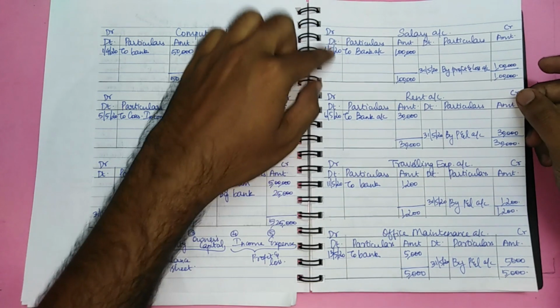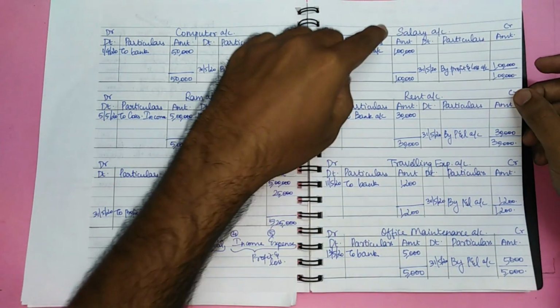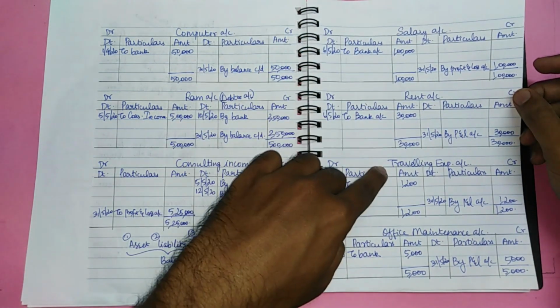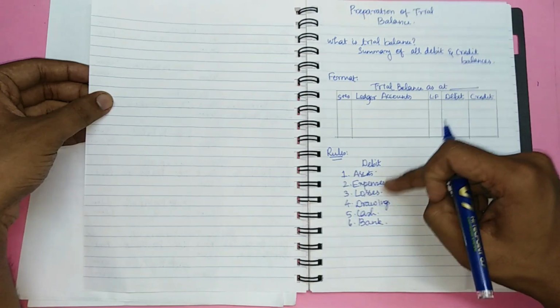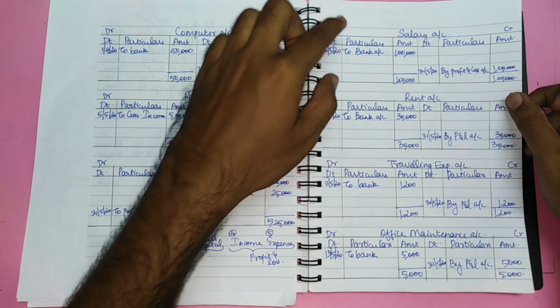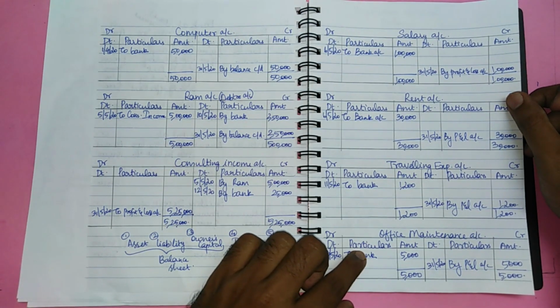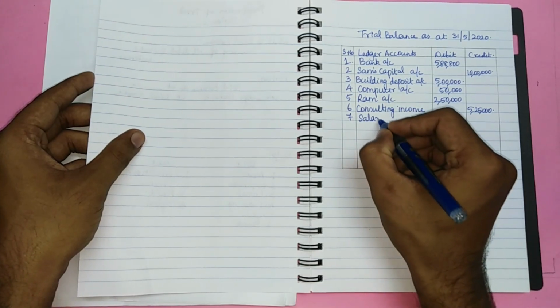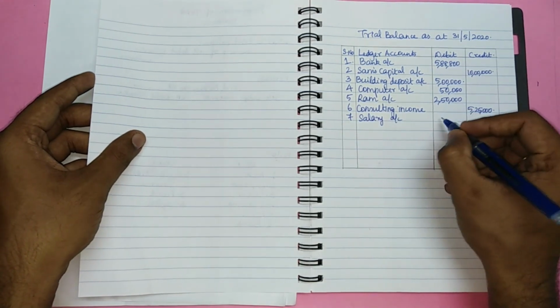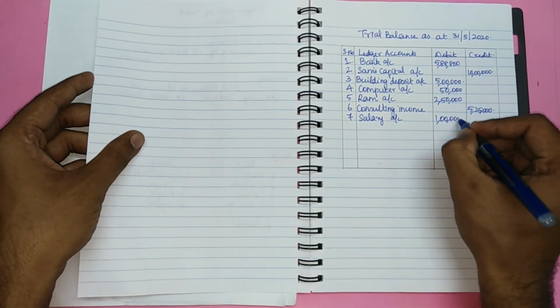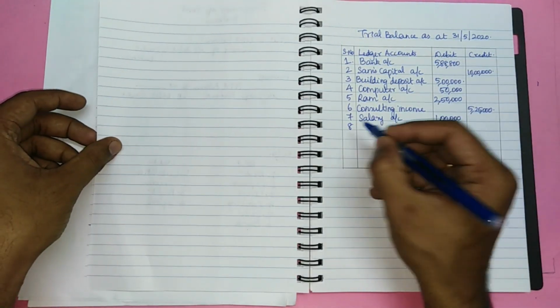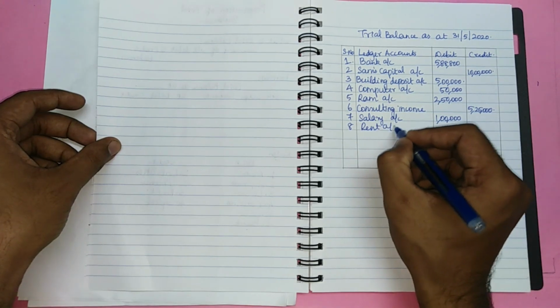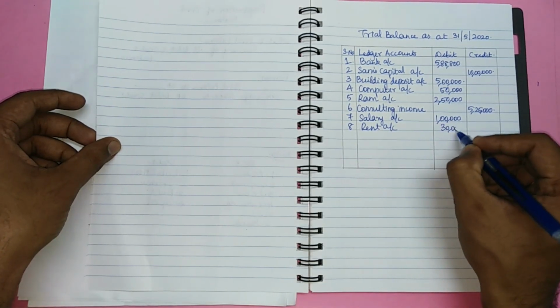Now in this page you have 4 ledger accounts, that is salary account, rent account, traveling expense account and office maintenance account. All these are expenses accounts. Expenses need to be placed in debit side. Therefore the balance of all these ledger accounts need to be placed in the debit side. Let us write it one by one. Salary account 1 lakh. Rent you have 30,000. Rent account 30,000.